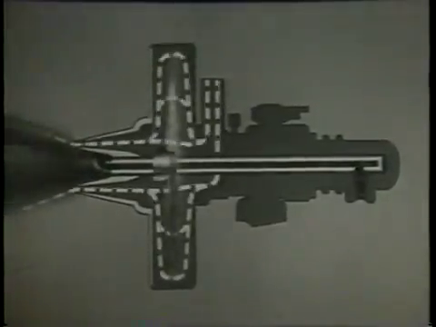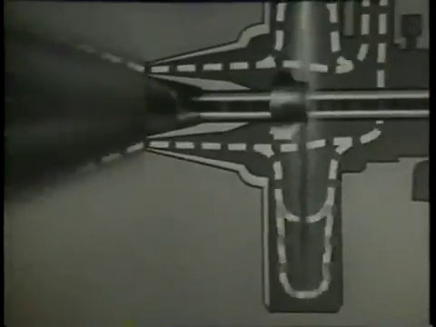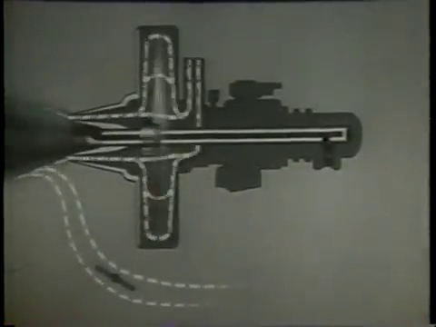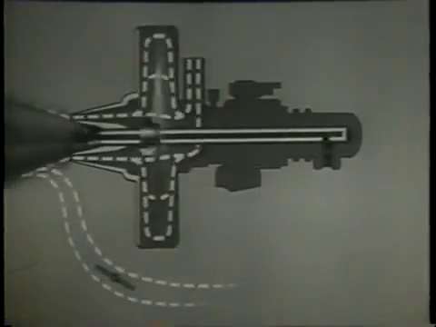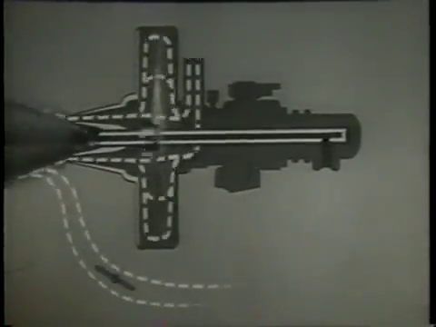Centrifugal action forces the oil against the inner surface of the atomizing cup and causes the oil to leave the rim as a hollow cone. The meeting of the oil and the air from the blower further atomizes the oil. Additional air needed for proper combustion enters through an air door in the furnace wall.